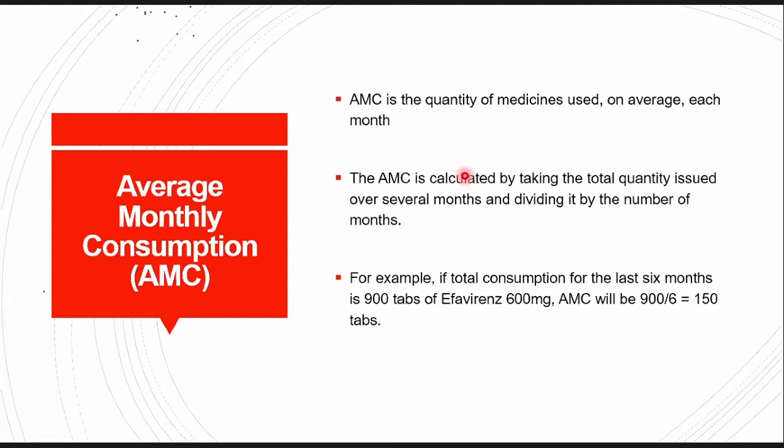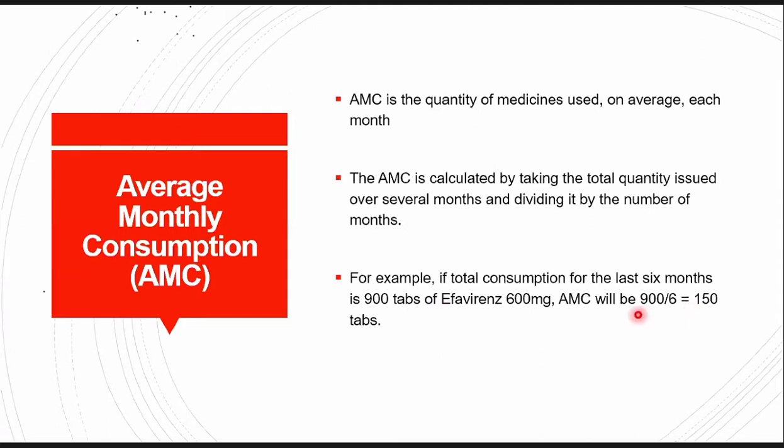Okay, so let's say for each month you've compiled your data. If you've been issuing products for 7 months or 6 months, you just divide by that number. We are given this example of efavirenz, 600 milligrams. If in the last 6 months, 900 tablets were dispensed, we just divide 900 by 6, and you get 150 tablets.